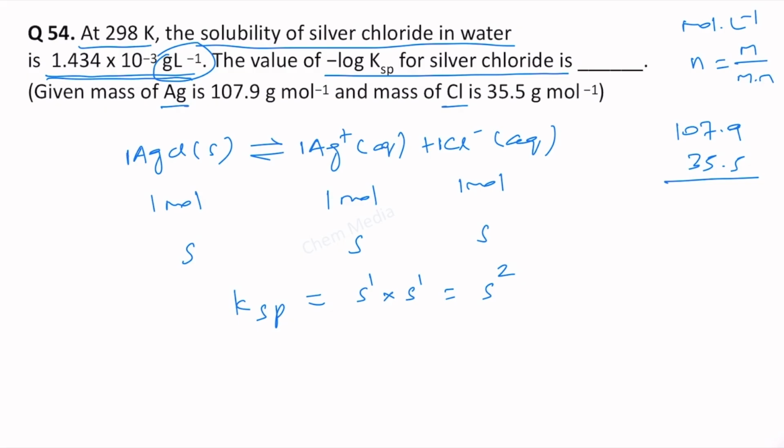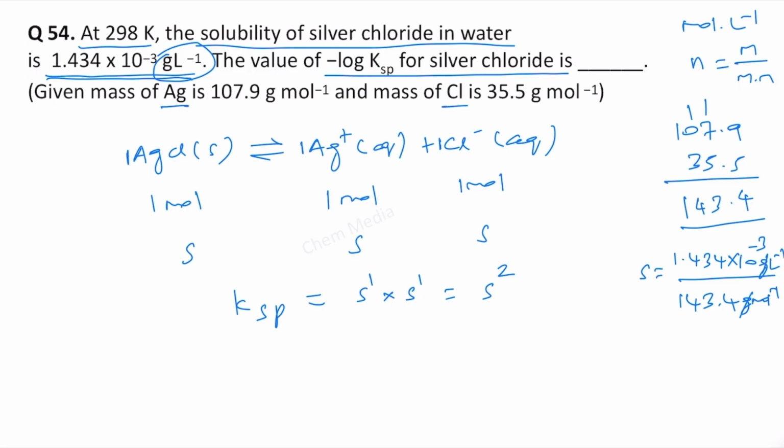So, therefore, 9 plus 5, 14, remaining 1, 8 plus 5, 13, remaining 1, 1 plus 3, 4, 1. So, it is 143.4. Molar solubility is equal to 1.434 times 10 to the power minus 3 gram per liter divided by 143.4 gram per mole.